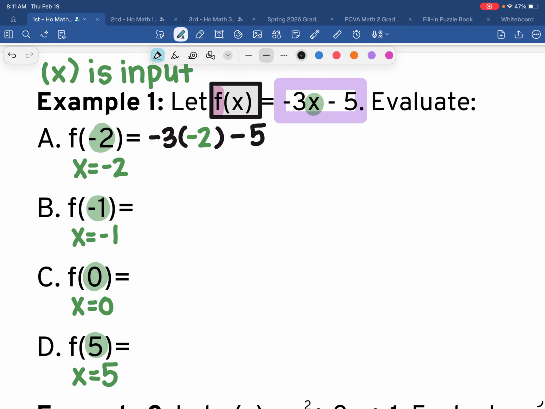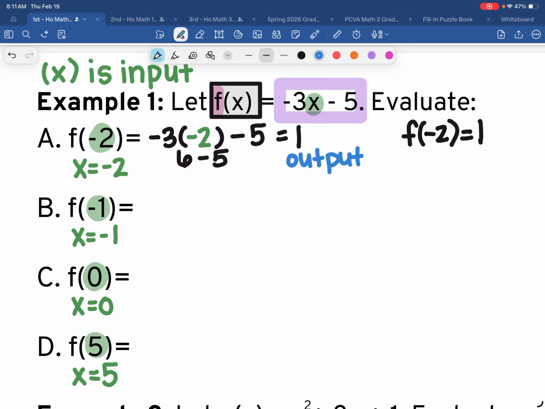Now you can evaluate this: -2 times -3 is 6, minus 5. That gives me an output of 1. So I now know that f of -2 equals 1. This is my output. That's my y value.